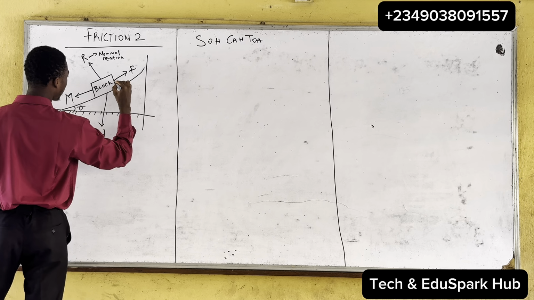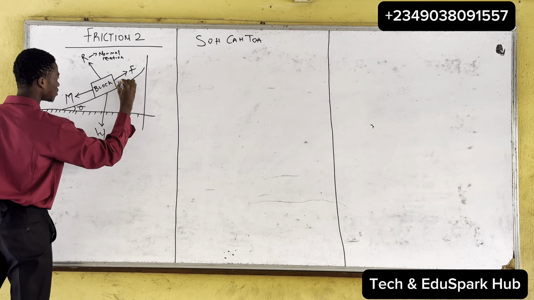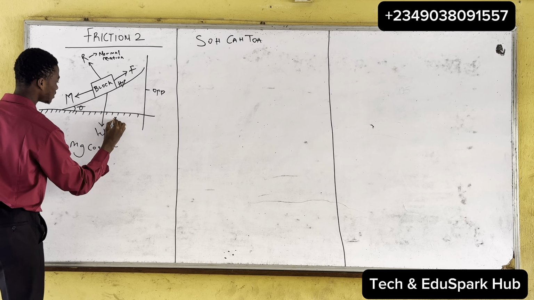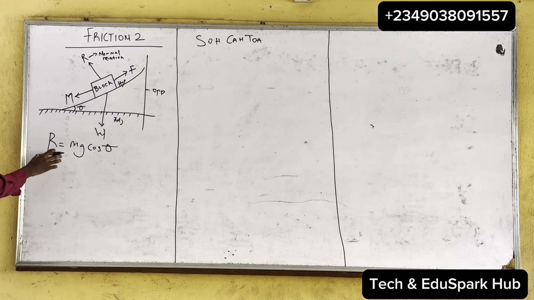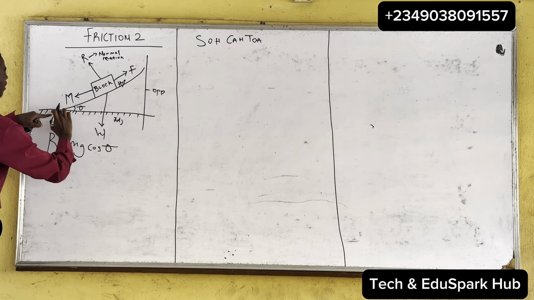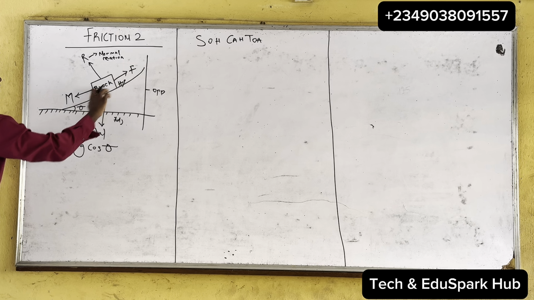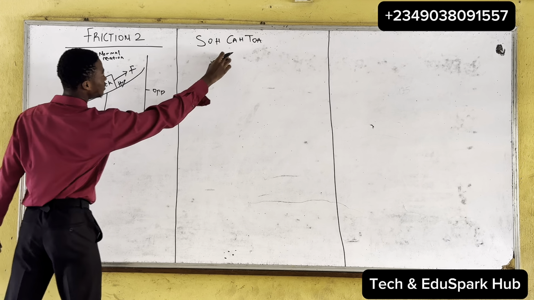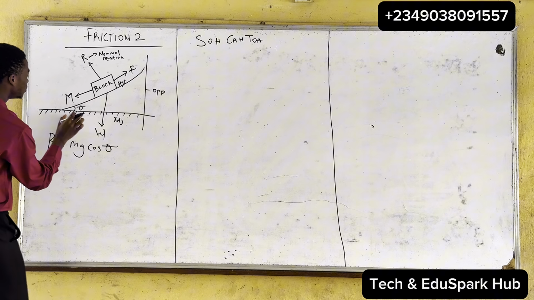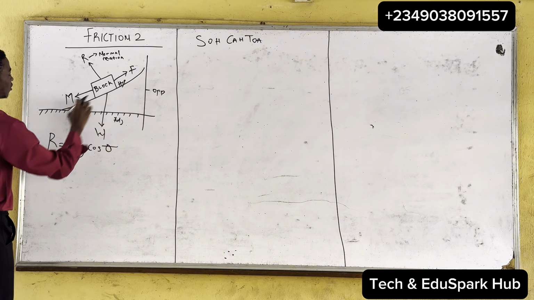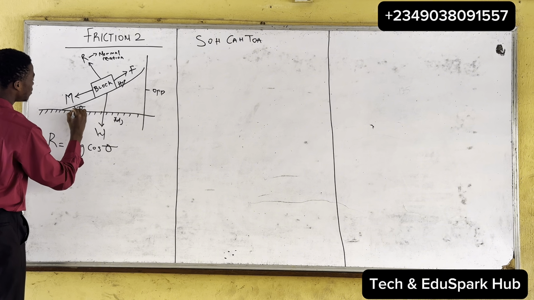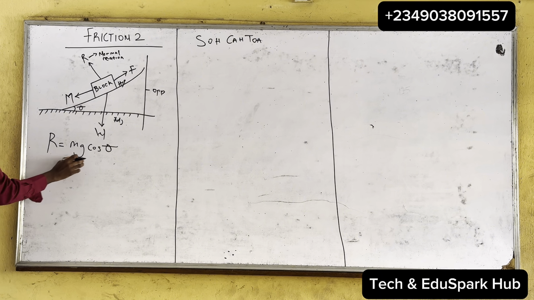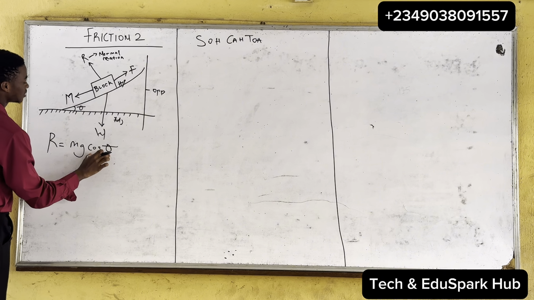Let's say this is our hypotenuse and this is our opposite, and we have our adjacent. The normal reaction is acting like the hypotenuse to the plane. That is how we get our cos, which is the adjacent over hypotenuse. So this is the adjacent and this is our normal reaction. And this is the angle that the normal reaction is making with the horizontal floor. And that is how we get R equals mg cos theta.